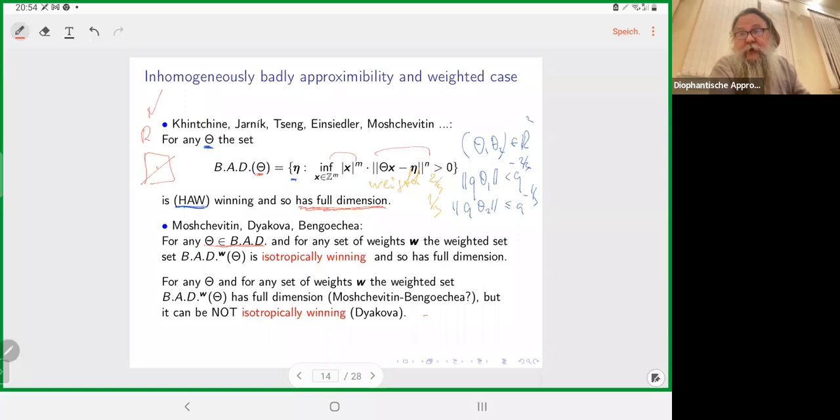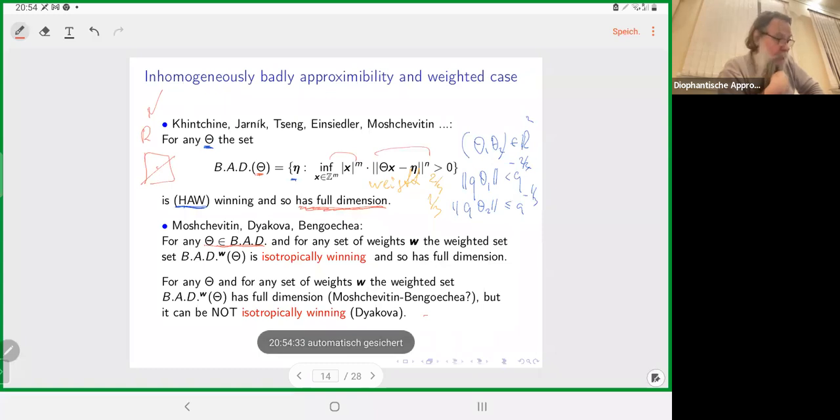So winning happens isotropically. It doesn't matter which winning we are speaking about, Schmidt's game or hyperplane absolutely winning game. The definition may be adapted to both situations.